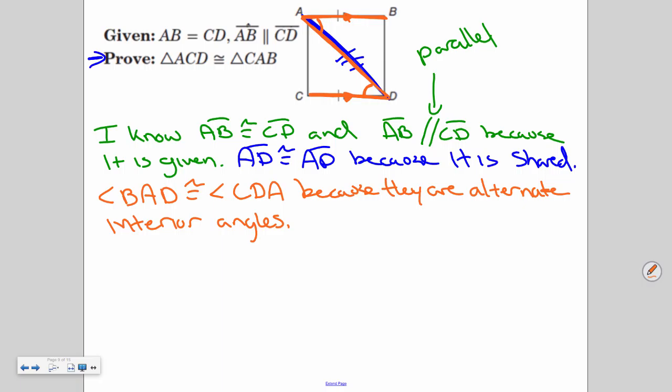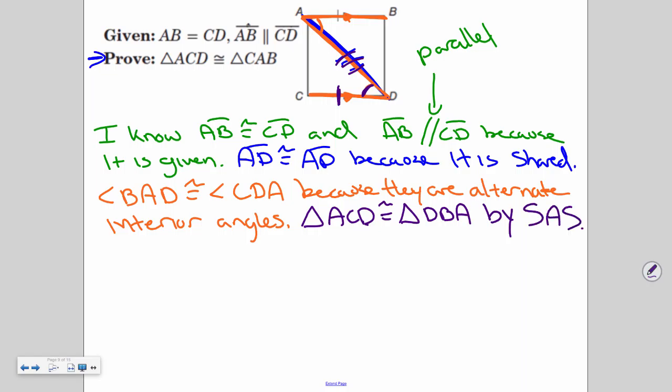Once I have that, I have a side, an angle, and another side. So I can say triangle ACD is congruent to triangle DBA by side, angle, side. I am proving those triangles congruent using reasons. That is a simplified version of a paragraph proof.